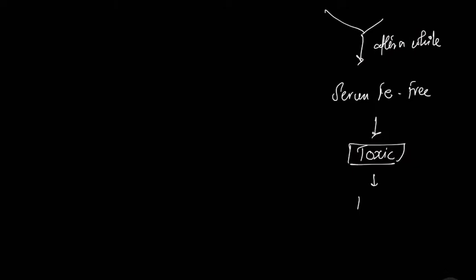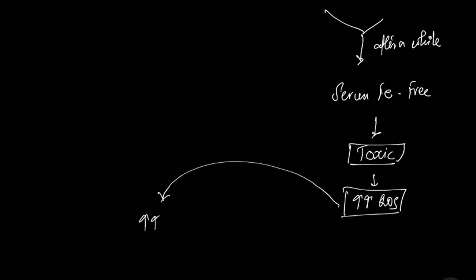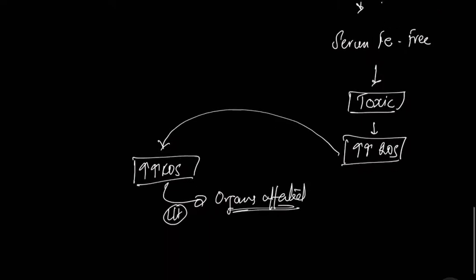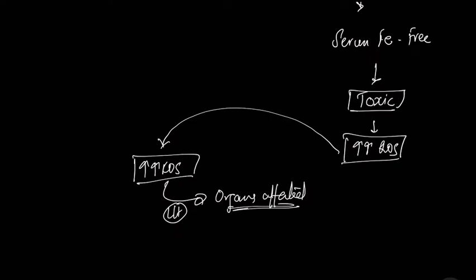Because of increase in your ROS, reactive oxygen species. All right. So this increase in your ROS is the reason for your organs getting affected. All right. So this is how our organs get affected.